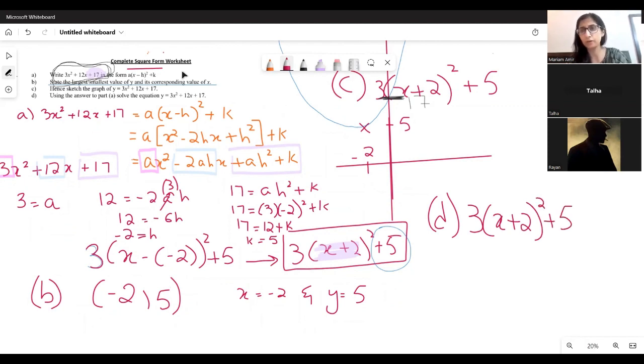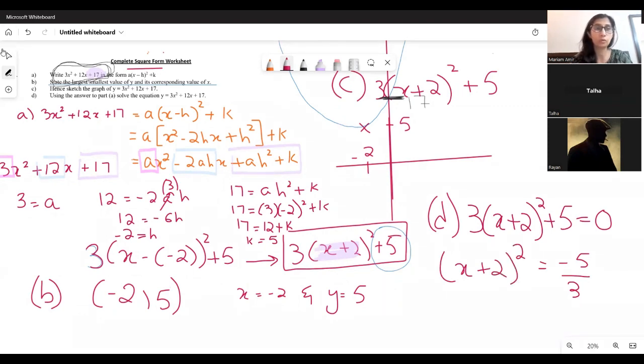Whenever you're solving a quadratic equation, you equate it to 0. So now we're going to send 5 to the other side. It becomes −5. Then we send 3 to the other side, it becomes divided by 3. So we have (x + 2)² equal to −5/3.